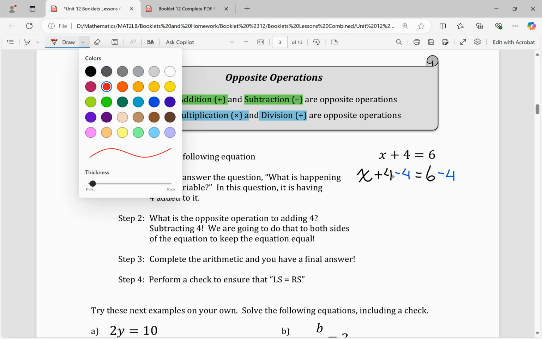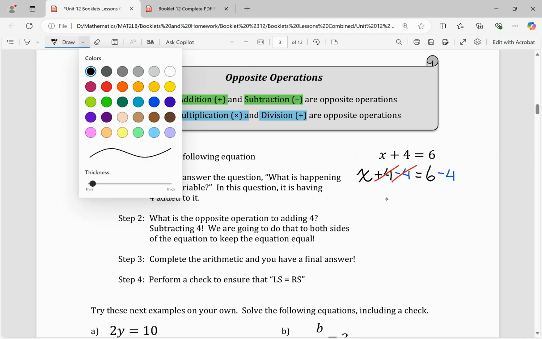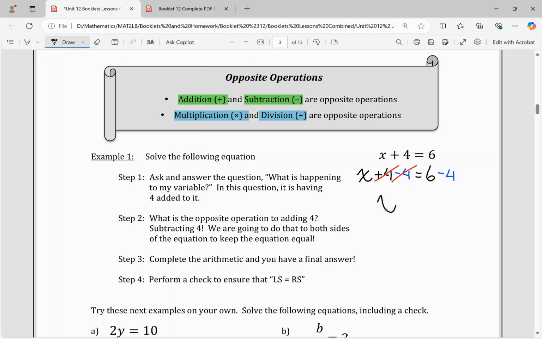Now let's take a look at what happens. Plus 4 minus 4 equals 0. So in a sense, you can visualize them as canceling each other out. And when they do so, and this is the whole point of it, you're left with just an x on the left-hand side.